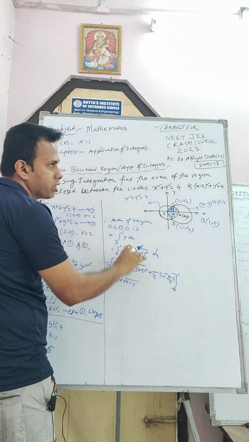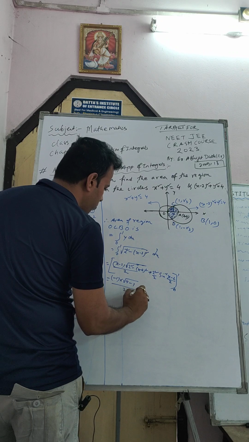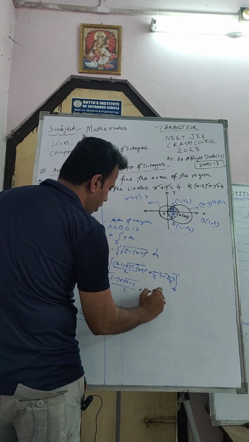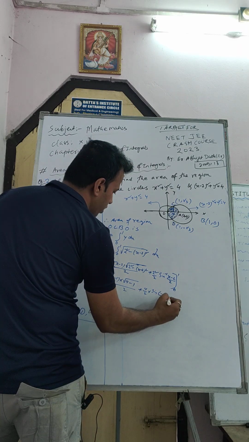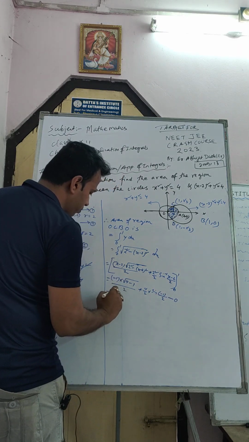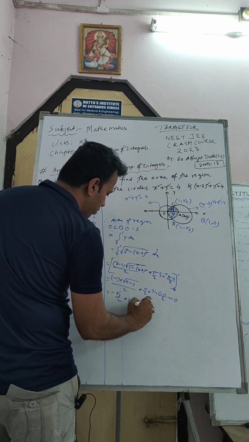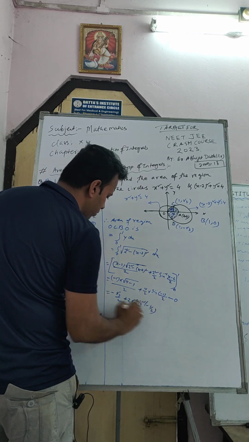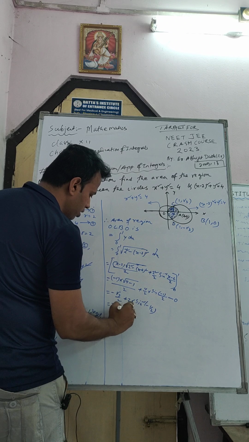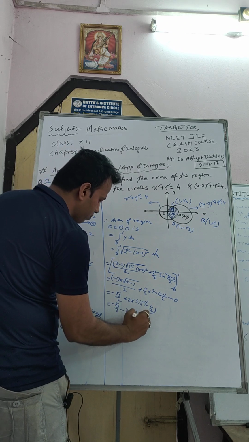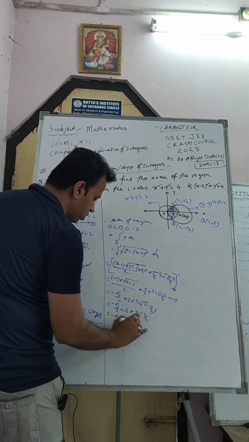So we get minus root 3 by 2, plus 4 by 2 into sin inverse of minus 1 by 2, minus 0. Sin inverse of minus 1 by 2 comes in front with a minus sign, so it becomes minus 2 into sin inverse 1 by 2. So it becomes minus what?